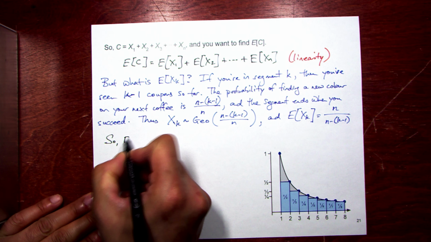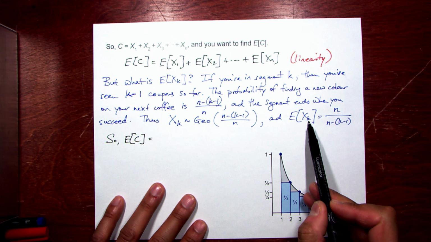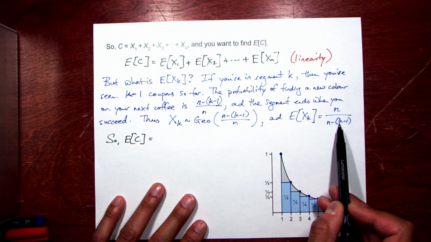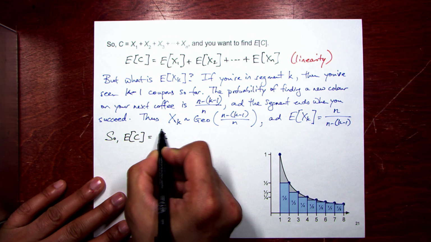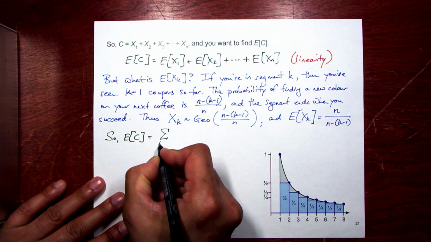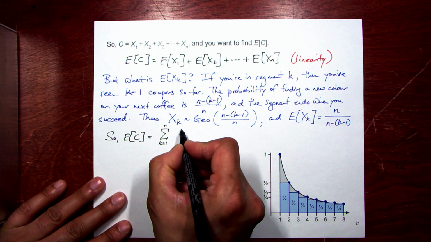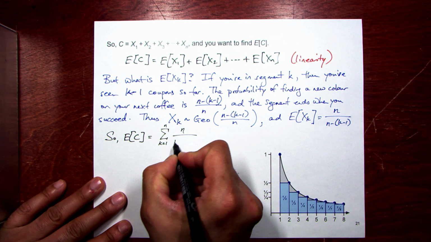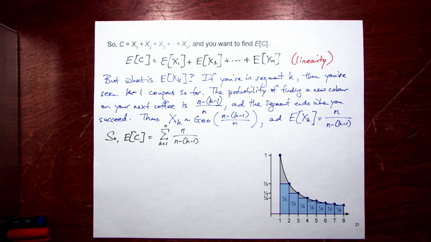Okay, so E of C is going to be this for each k from 1 through n. So we'll just wrap that up into a sum. So k is equal to 1 up to n of n over n minus (k minus 1). And the denominator is the thing that's changing.